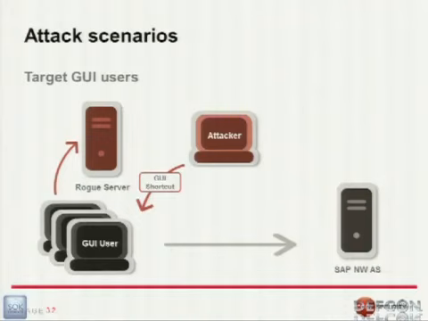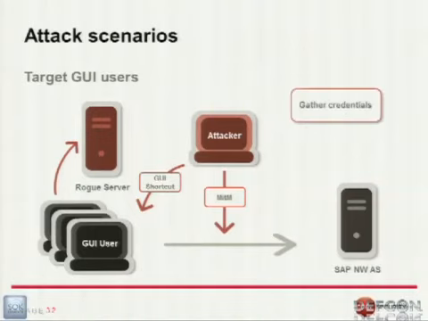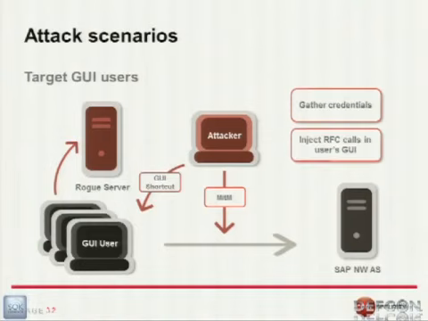So, for example, you can use this to send by email, or embed in a web page, different .zap files or GUI shortcuts, and point those shortcuts to your own fake servers, for example, to gather credentials or to inject RFC codes in the clients. And another attack scenario is to perform man-in-the-middle attacks on valid GUI users, either to gather credentials or also to inject RFC codes in the user's desktop application.